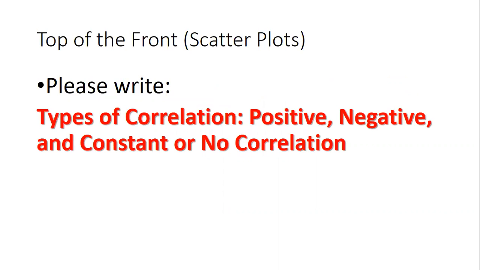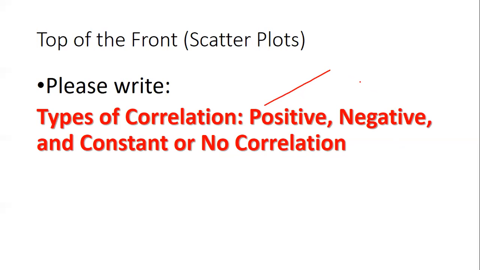With scatter plots, there are types of correlation that we're looking at: positive, negative, and constant, or no correlation, okay? On your paper, you have 8 scatter plots. At your table, I want you to decide whether they are positive, negative, constant, or no correlation. When you say positive, the data is not in a perfectly straight line, but it is steadily increasing in some form, right?